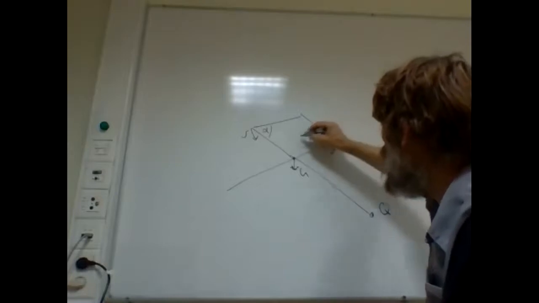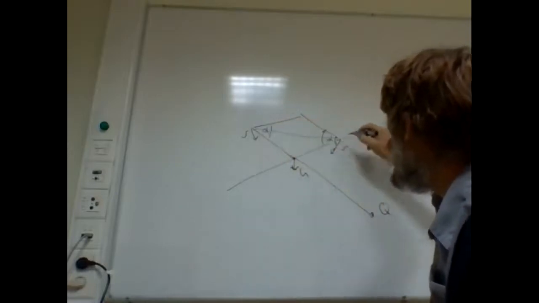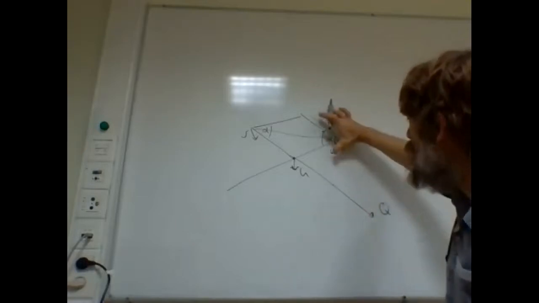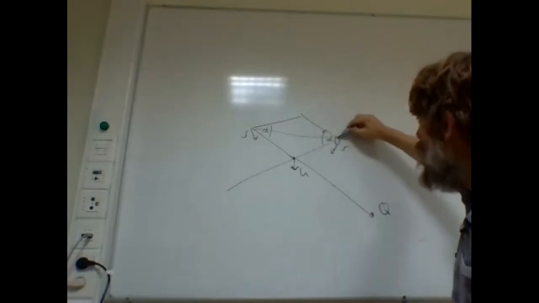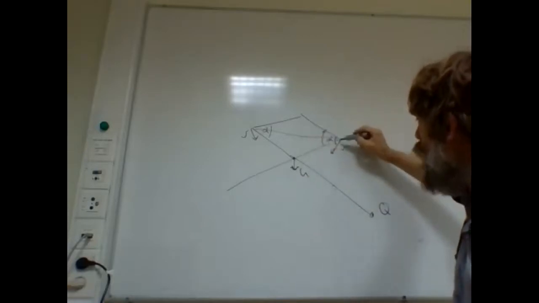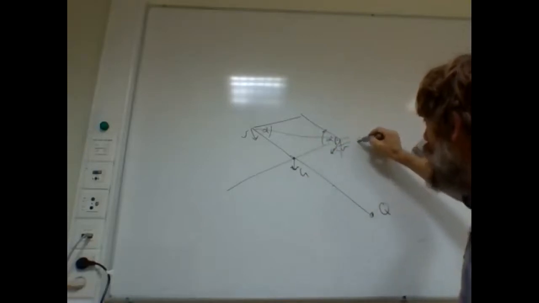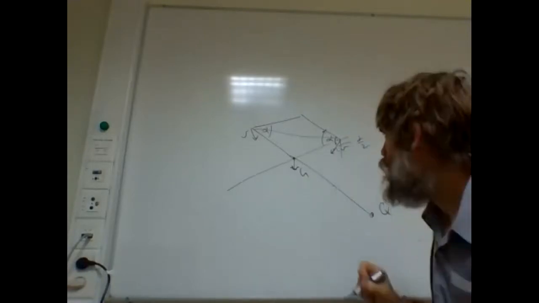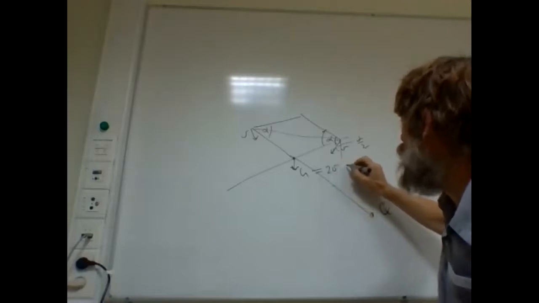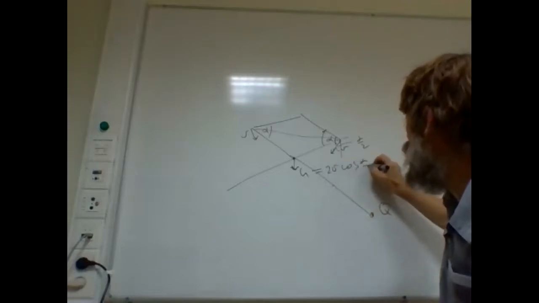If we take a bisector line here, then v is perpendicular to this line. So here is a right angle. Now if we were to rotate back, v would go to the vertical. So here is alpha over 2. So u is equal to 2 times v times cosine of alpha over 2.